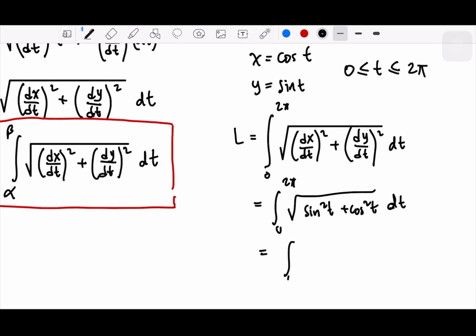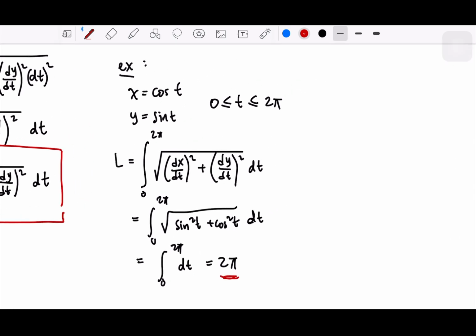So this will give you 2 pi at the end, which is the circumference of the circle with radius 1. Nothing really strange here.